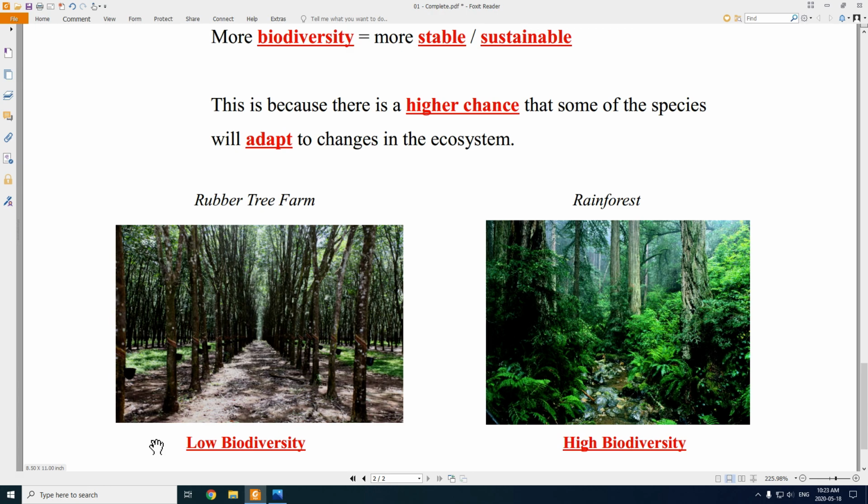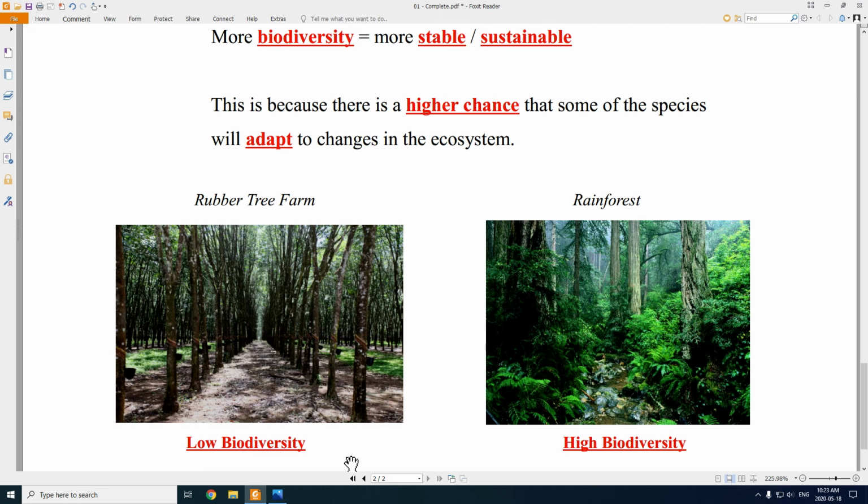High biodiversity is also important for humans because when it comes to finding different resources that we can use, when it comes to growing different types of foods, finding different animals in order for food. Also, if we're looking at making different medicines, if we have a wide variety of plants and animals to look at and to choose from, it's more likely that we'll find one that will be more beneficial to us.